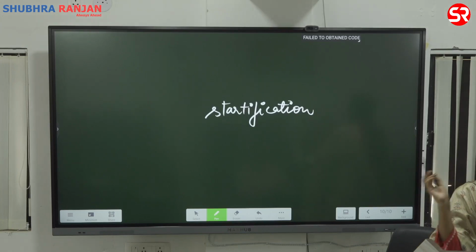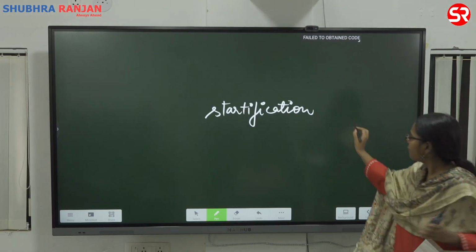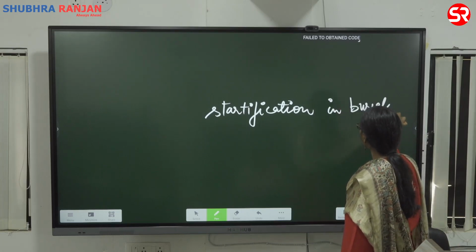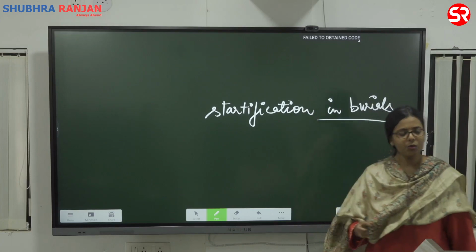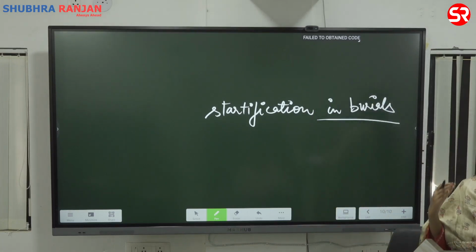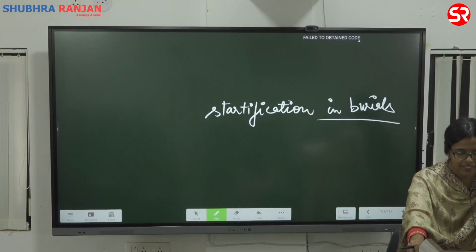So here what do we find? We find stratification in burials. So we know that society was stratified to a certain extent, right?